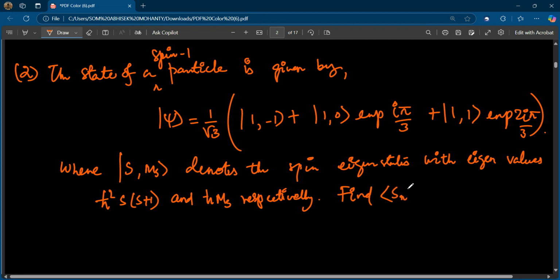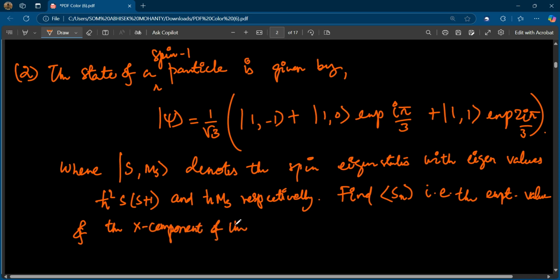Find the expectation value of Sx, that is the expectation value of the x component of the spin.